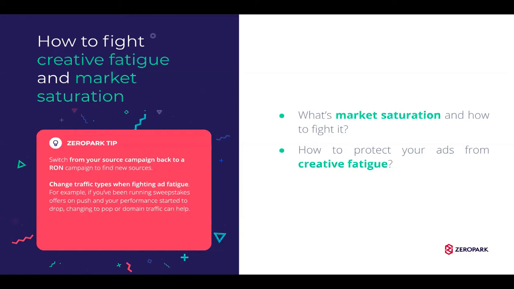So there can be some fatigue for that offer. Switching back to a run of network campaign, and then re-identifying new sources or new targets that might have stronger or similar performance, can help to revitalize and re-energize your offer, rather than simply rebuying the same stock.